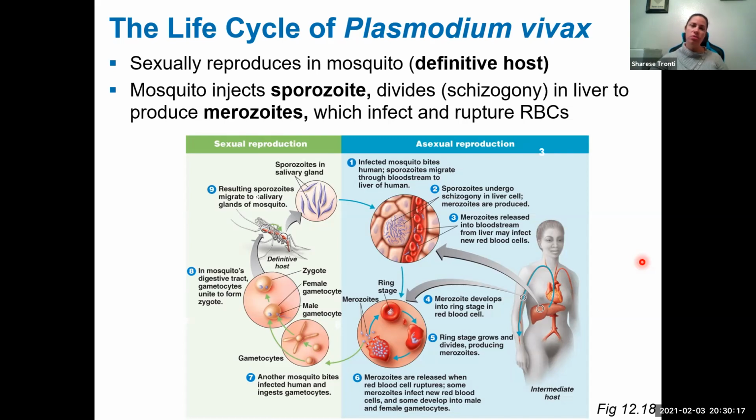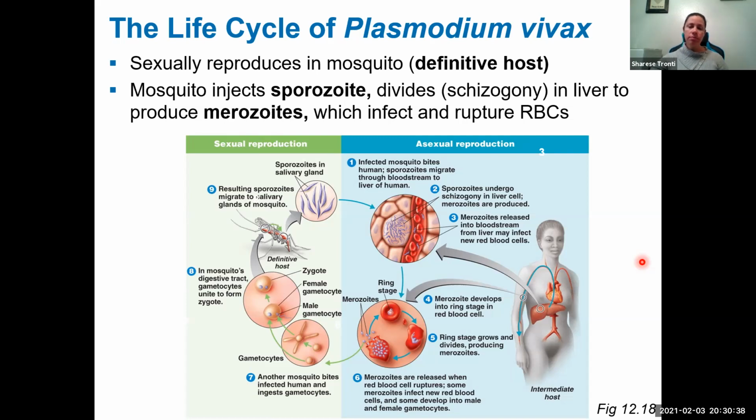A definitive host is the host in which that species undergoes sexual reproduction. So in this case, the Plasmodium vivax is sexually reproducing inside of the mosquito, so it's the mosquito that's going to serve as the definitive host.